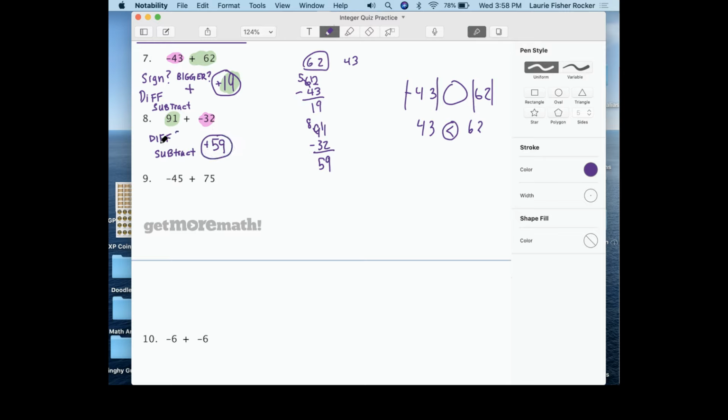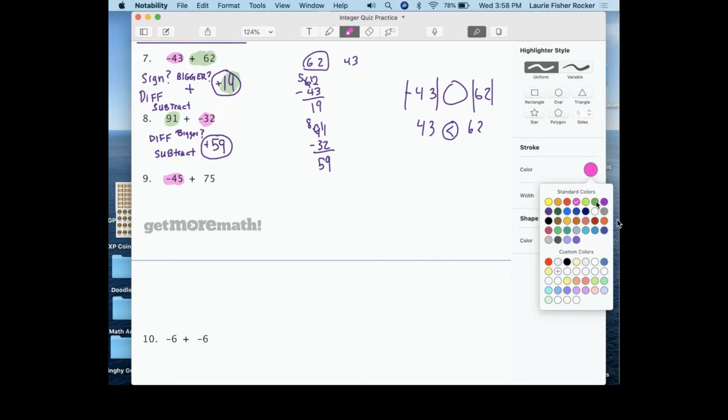Okay, and so it takes a minute to kind of figure that out. I use color coding. It really helps. So oops, I did that wrong. Okay, so I've got this one's my negative, and then come over here and make this one my positive.